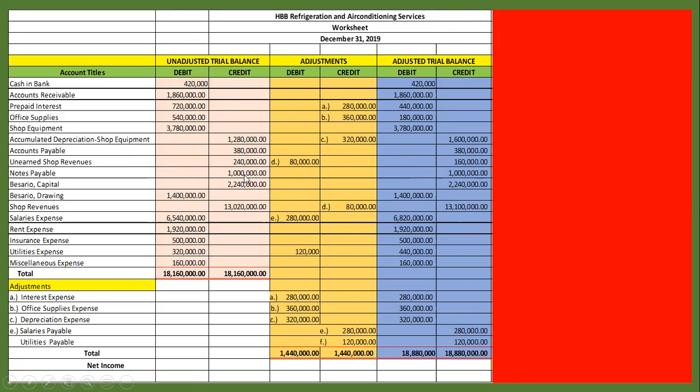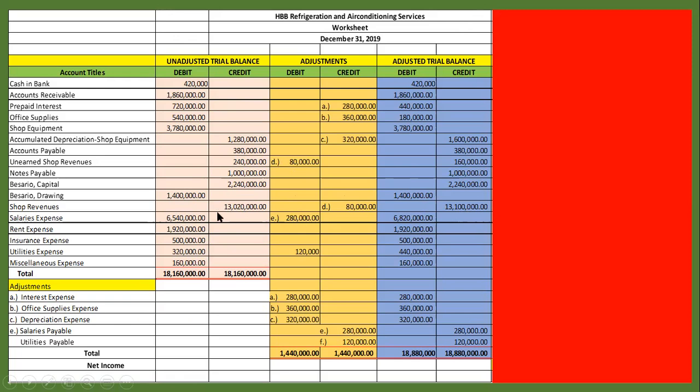For notes payable, you don't have any change, so copy 1 million to the credit side. Your capital has no change, you copy it. Then your drawing also is the same, so just copy. Your shop revenue has both credit postings, so you add, it's 13.1.